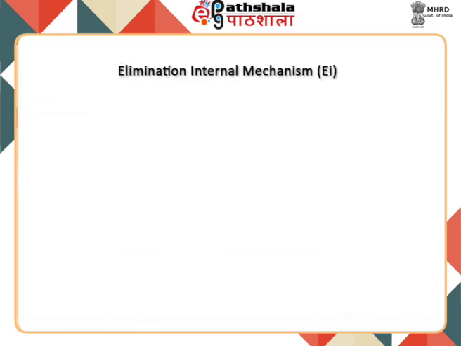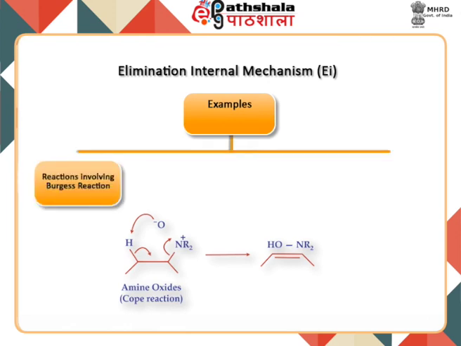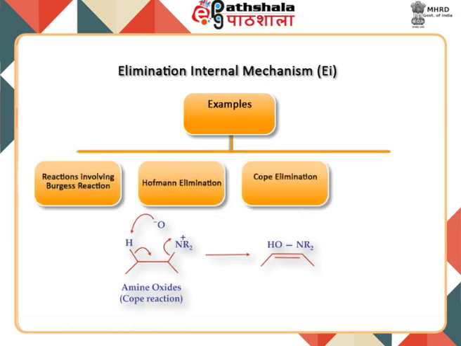Now we come to the elimination internal mechanism, that is EI, in which two vicinal substituents on an alkane framework leave simultaneously in a single step to form an alkene in a syn elimination. Examples are eliminations involving the Burgess reagent, Hofmann elimination, the Cope elimination, and ester pyrolysis.